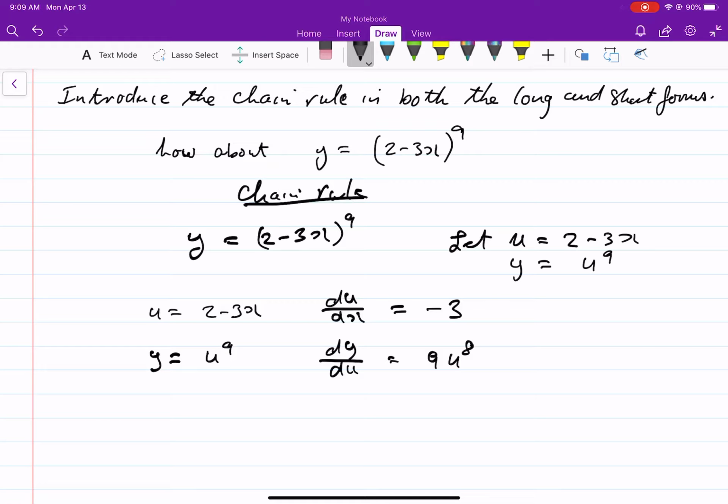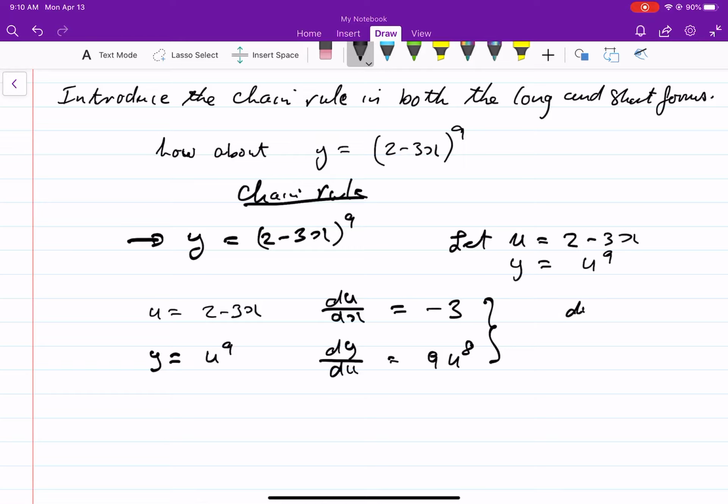The question now becomes, because obviously the original function which related y and x that I wanted to differentiate, effectively I wanted dy dx. At this point I have two expressions, or two derivatives. I have du dx and I have dy du. And the obvious question is, is there a way I can combine those two? Is there a way I can combine dy du with du dx to get dy dx?